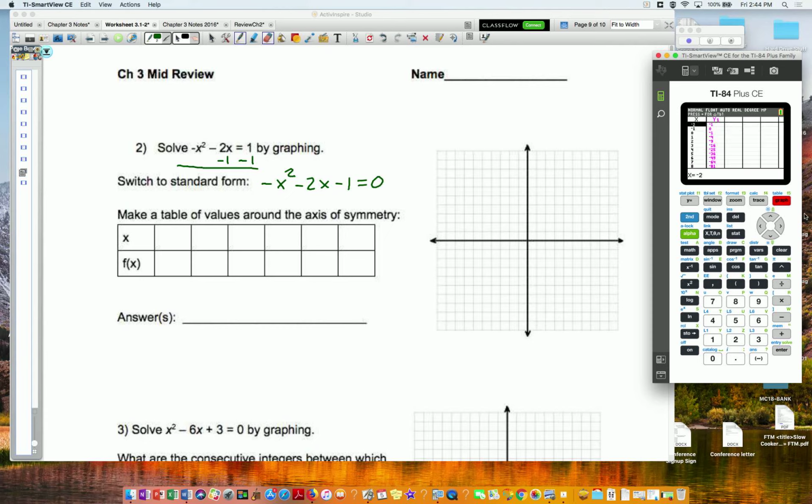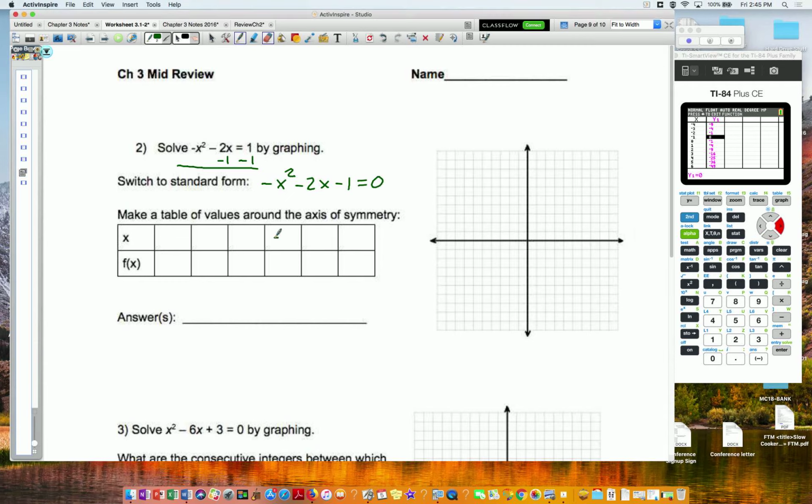So I'm going to go to my table and look specifically right at negative 1, and look at that. It's actually 0. So I'll put that value right smack here in the middle, negative 1. I know it's 0. So that tells me my answer is x equals just negative 1. I only have one solution.